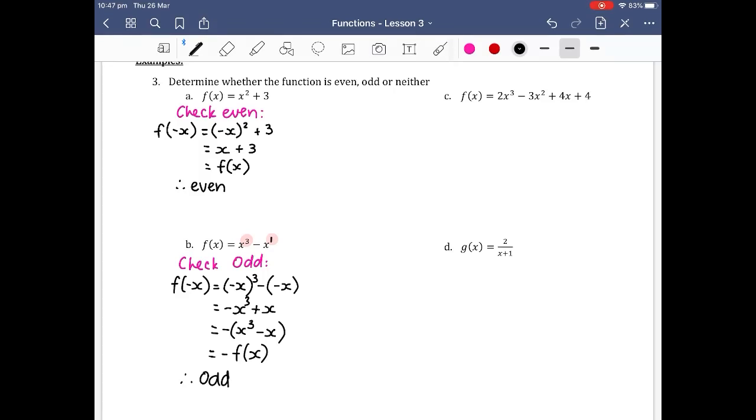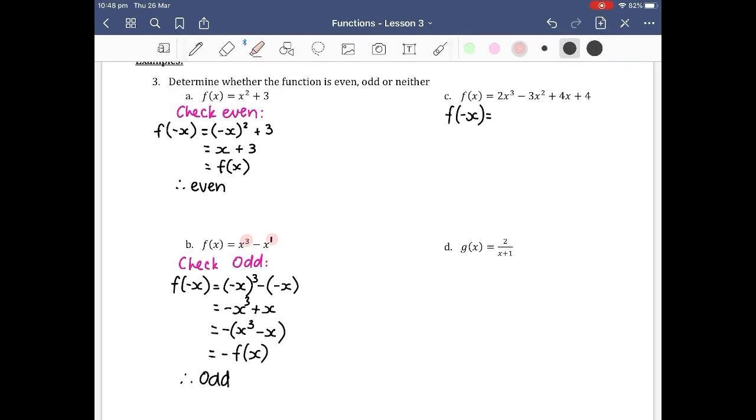For our next example, we want to determine whether it's even, odd, or neither. Generally with this one, we are going to check it first by subbing in the negative x wherever we have x's.